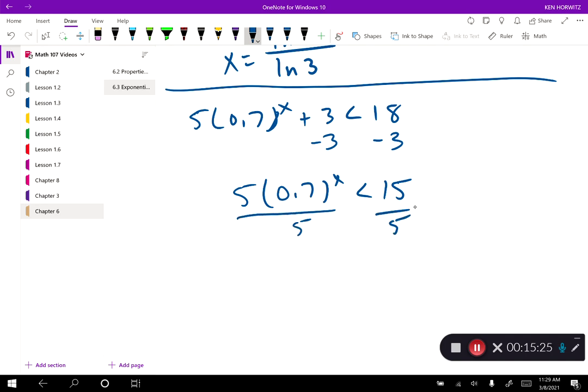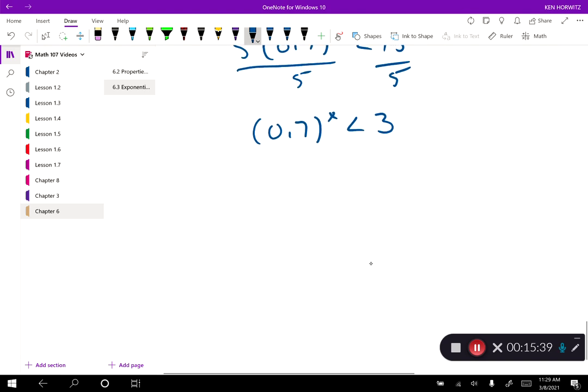Remember, whatever you do to one side, you have to do to the other. So I get 0.7 to the x is less than 3. Now from here, I look at it as an exponential equation, but it's one of those exponential equations where I can't have the same base. So I'm going to do what I've been doing for each one of them, which is take the ln of both sides.